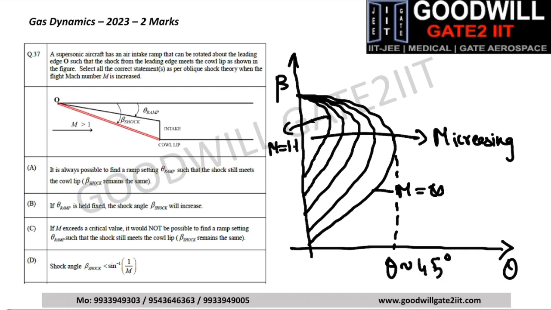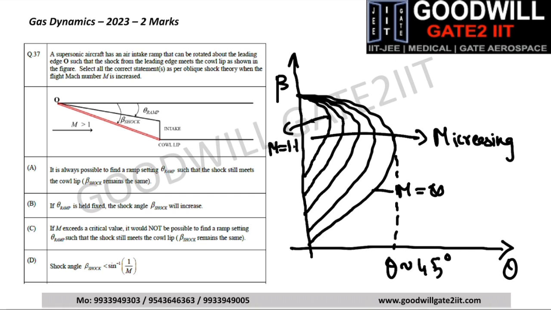Now looking at the options, the first option is: it is always possible to find a ramp setting theta ramp such that the shock still meets the cowl lip with beta shock remaining the same. What they have told is that we keep on increasing the Mach number. Here in the first option it is said that beta shock remains the same.